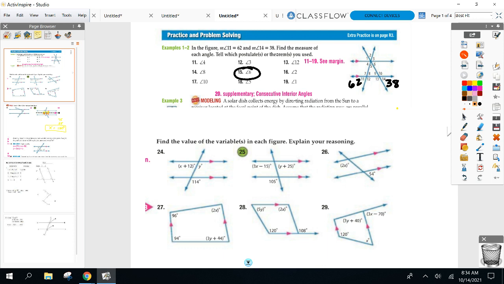I don't know how you guys want to approach this, but angle 6 and 14. Anybody want to tell me the relationship between 6 and 14? The question was number 15. Corresponding. They're corresponding, aren't they? And if the lines are parallel, what should I know about corresponding angles? They're congruent. So that also should have been 38.